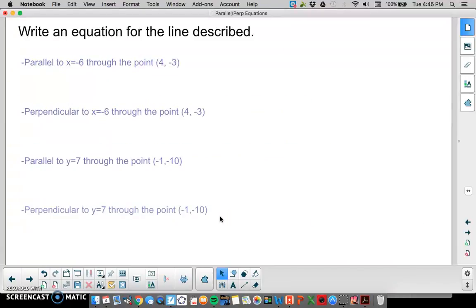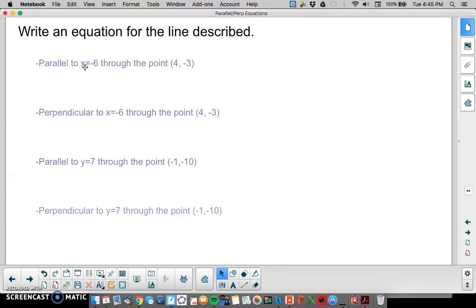Okay, I want to write the equations of each description. So I want the line parallel to x equals -6 through the point (4, -3). Well, x equals -6 is a vertical line. And so we know vertical lines will always be parallel to another vertical line.